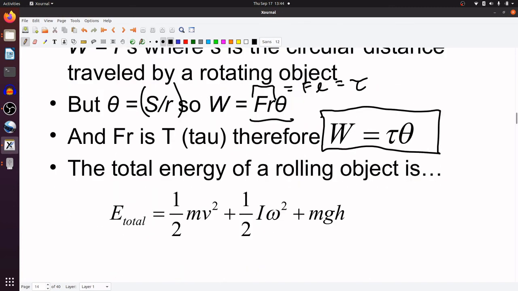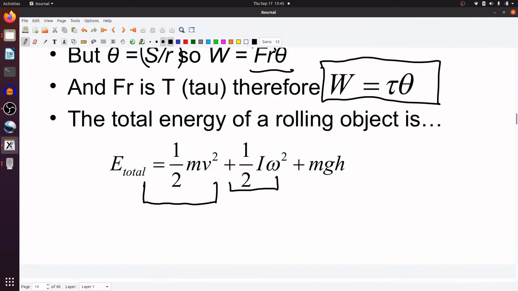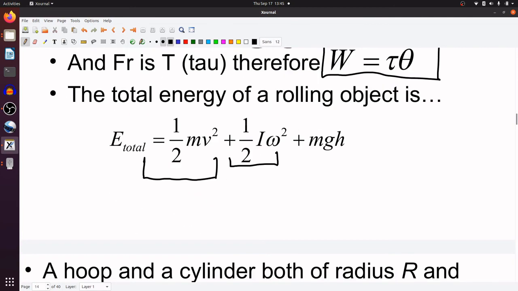And we've talked about energy before, and I'll have to prove this one right here. But we know that the kinetic energy, we learned this in chapter 6, is 1/2 mv squared. We also have something called rotational energy, and I will show you how to get that one. How do we get that? Well, we know that kinetic is equal to 1/2 of mv squared.